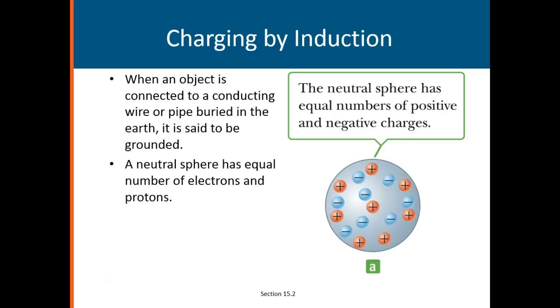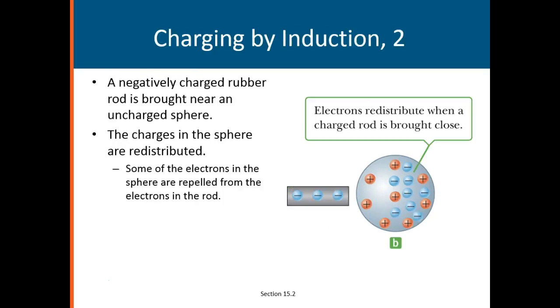All right. Now here's what we're going to do. A negatively charged rod, maybe amber that's been rubbed with wool or something like that, a negatively charged rubber rod is brought near the uncharged sphere, the neutral sphere. Well, what does this negative charge do? Just like before, it attracts the positives here, repels the negative.